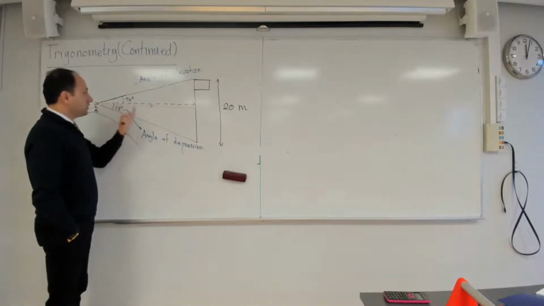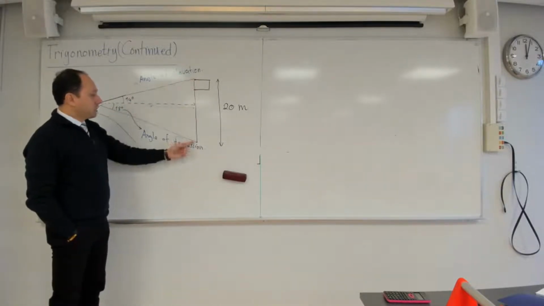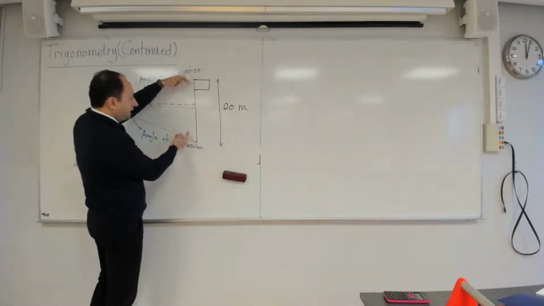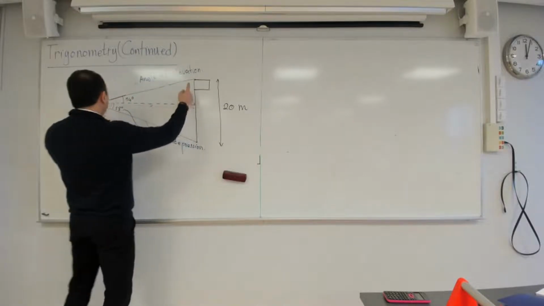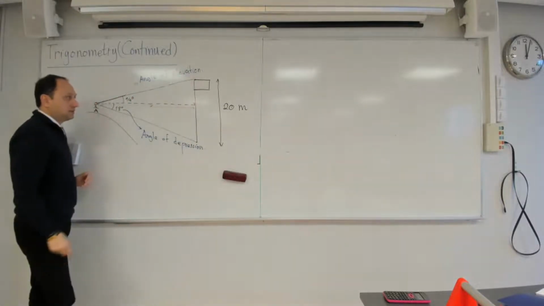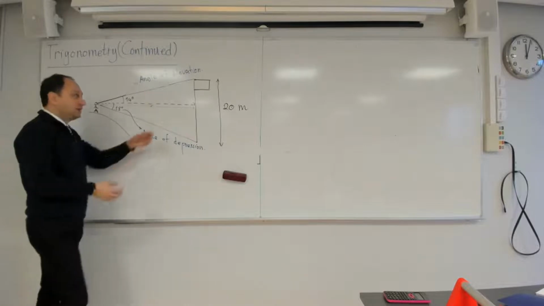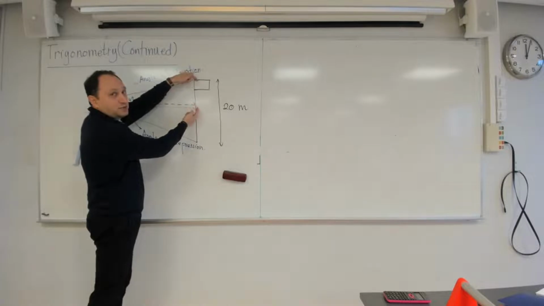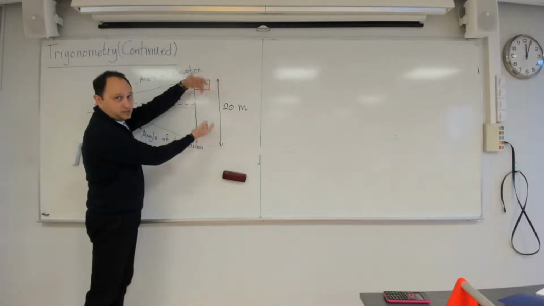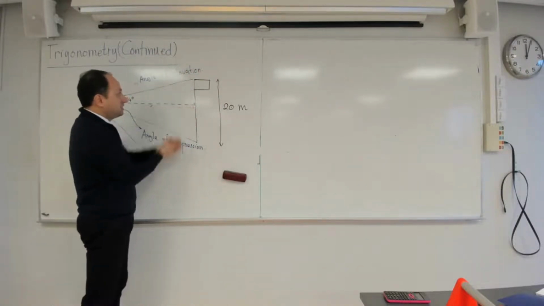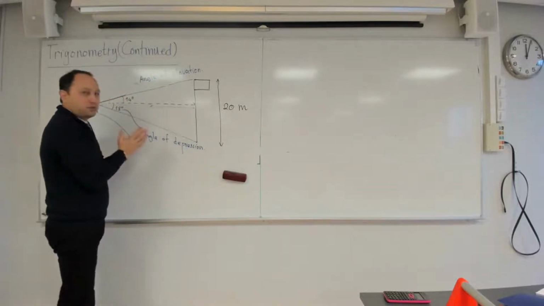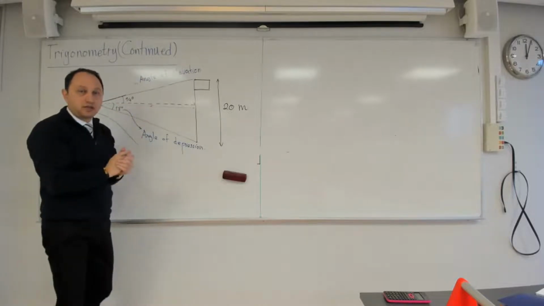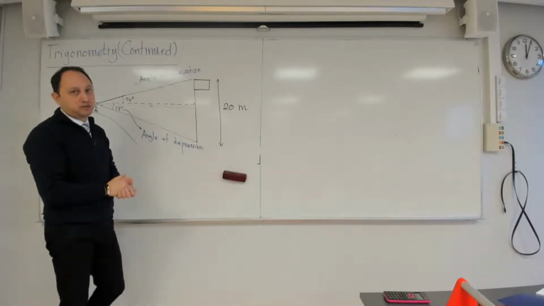Because you see my information, of course I don't have this part, I agree with you, but at least I know something about this. I really don't know anything about this. But at least I can be hopeful that I can somehow say something about this, because at least I know that this length is 20, even though it's not exactly this one, but it is more promising than working with cosine, which needs the hypotenuse, and I don't have any information with that.